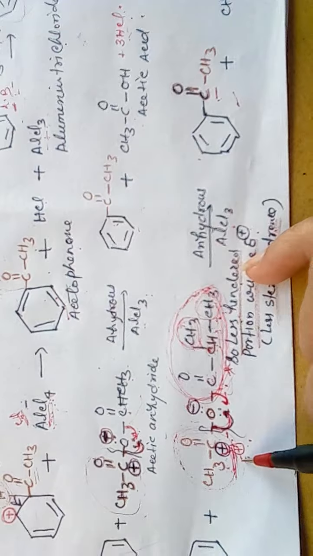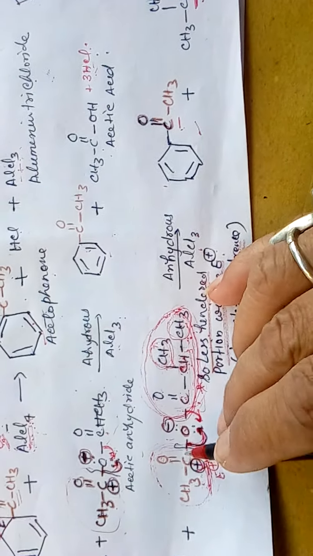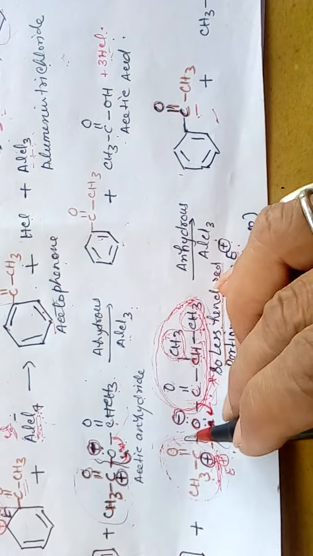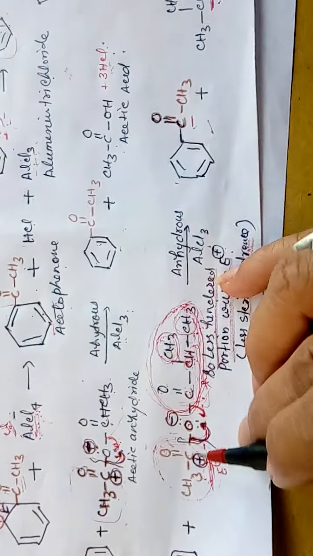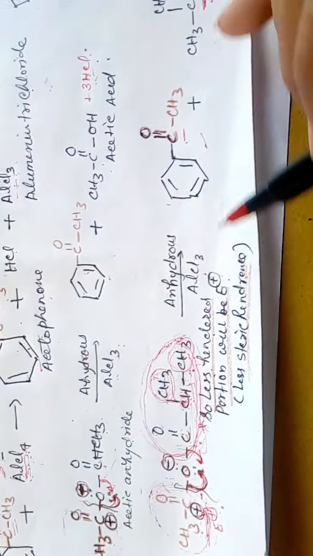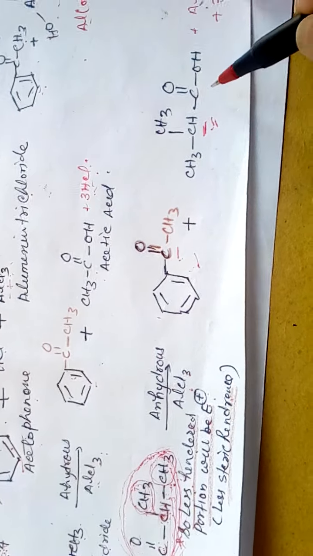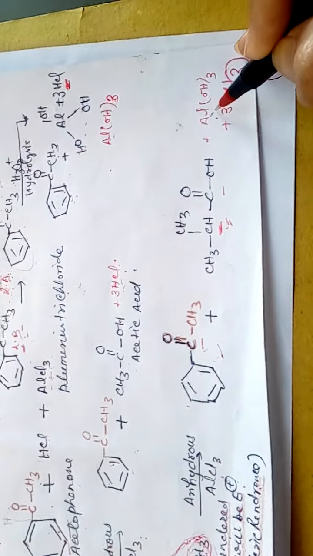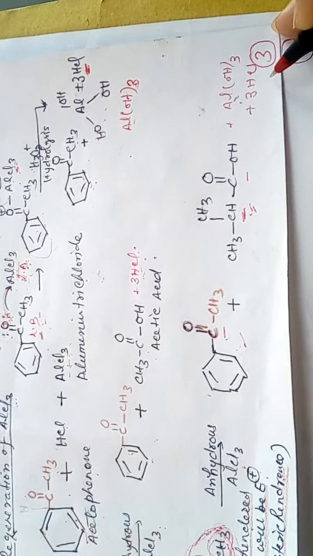So the acyl carbocation is formed from this portion, and then it attacks the benzene ring and forms acetophenone and these molecules, and aluminum trihydroxide and 3 molecules of chloride.